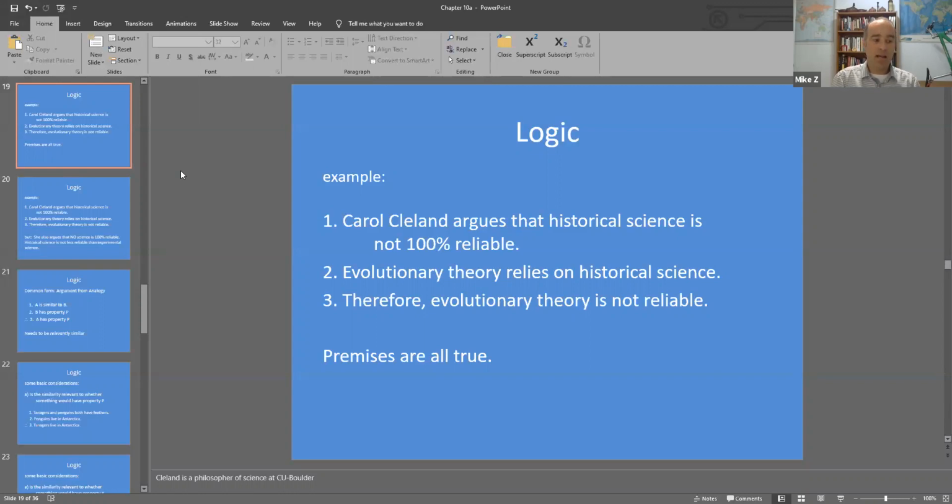In fact, she was my dissertation advisor. That's my main area of expertise too, philosophy of science. So she's done some work on evaluating the quality of historical science fields. These are fields of science like paleontology and geology, things that look into the past and try to figure out what's happened in the past.